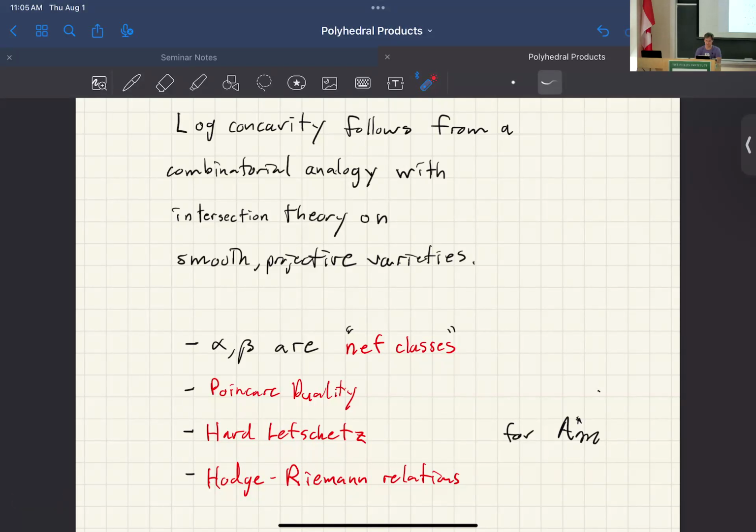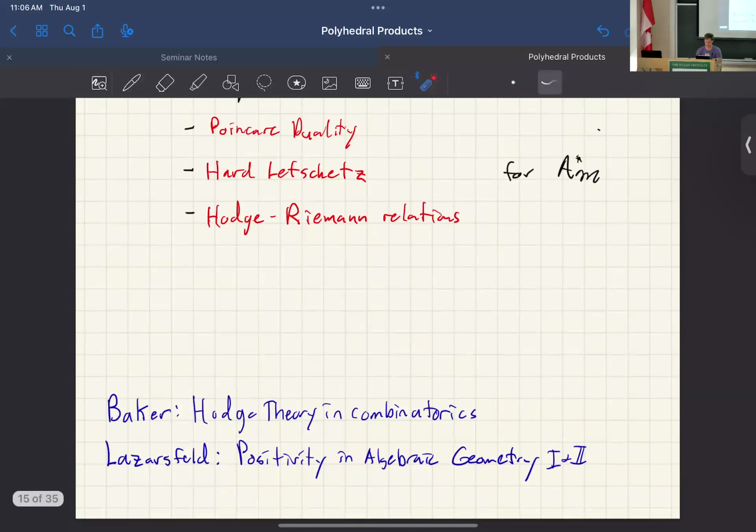Then you establish that this alpha and this beta are something called nef classes. If you've ever heard what an ample line bundle is, an ample line bundle defines an ample class, and the limit of ample classes is a nef class. That's how you can place nef classes, and maybe something you've heard about. You can read more about this in the paper by Matt Baker, Hodge Theory in Combinatorics, and then the book by Lazarsfeld, Positivity in Algebraic Geometry, which develops this intersection theory from the algebraic side.